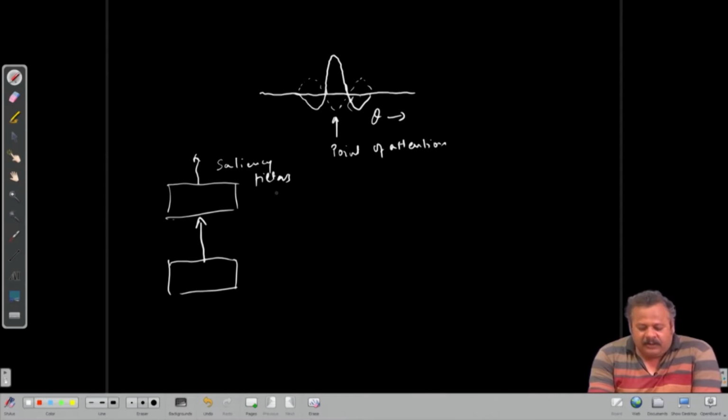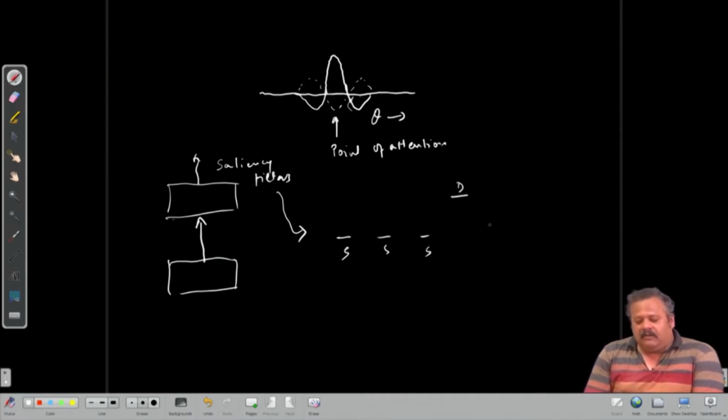For example, this could be simply from the bottom up side, where the properties of the stimulus itself provide the novelty or the saliency. For example, we had those tones, standard tone, standard tone, standard tone, and then all of a sudden a deviant tone. When we are listening to the standard, we adapt to it and we are not paying so much attention to it anymore.